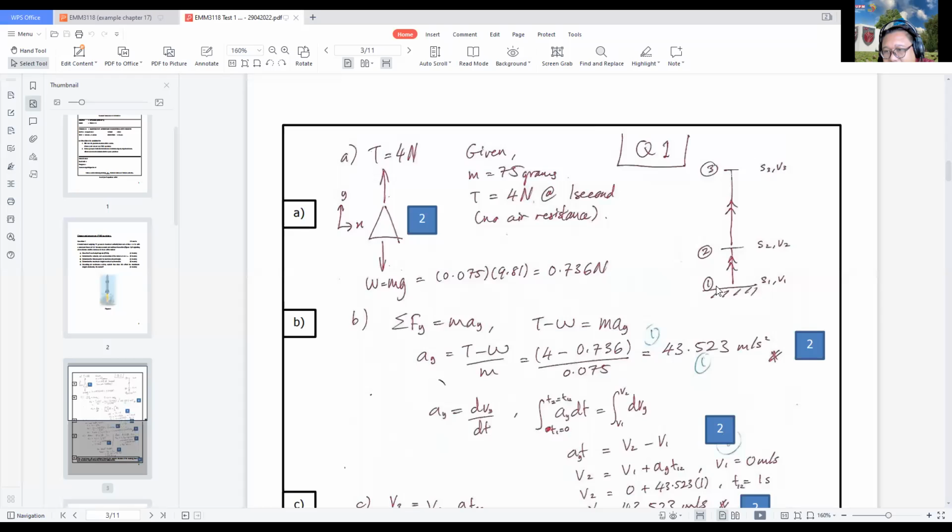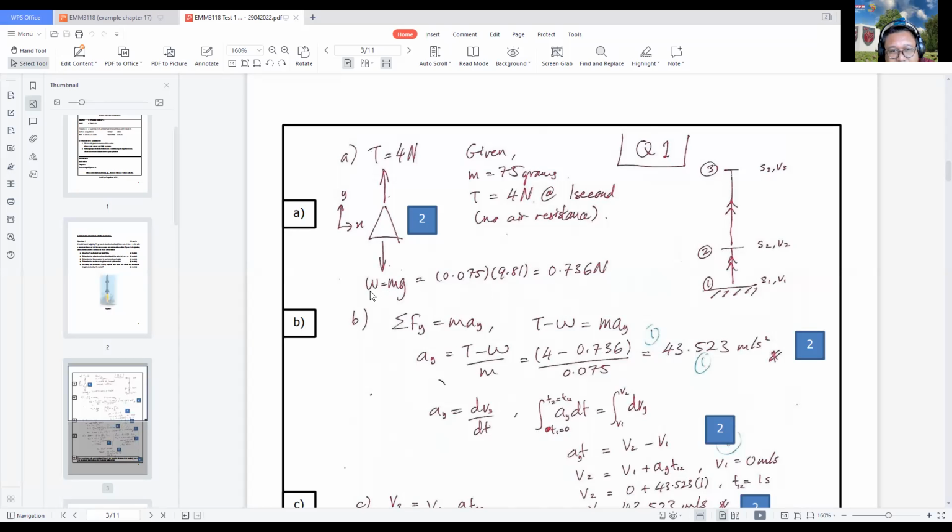On the ground, I put point 1 and then point 2. Point 2 is after 1 second, because after 1 second there is no more thrust coming from the rocket, right? So starting from point 2 up until point 3, there is no thrust available. That's why I put these steps 1, 2, and 3.